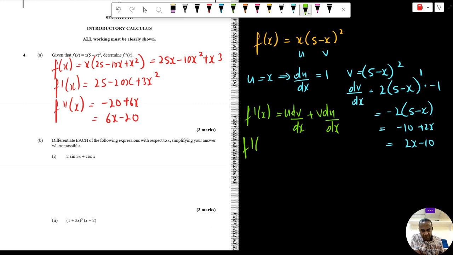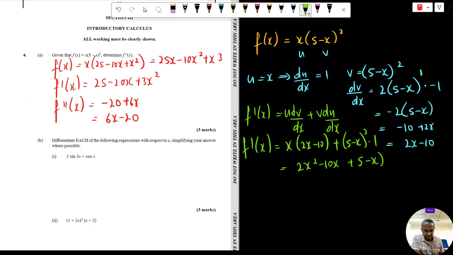So we get f prime of x is equal to x, which is u, times (2x minus 10) plus v, which is (5 minus x) squared, times 1. And so this gives us 2x squared minus 10x plus (5 minus x) squared. And that's only the first derivative. The question wants us to find the second derivative, and so we have to proceed to doing that, right?